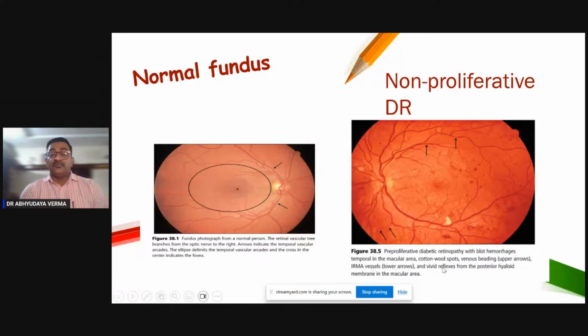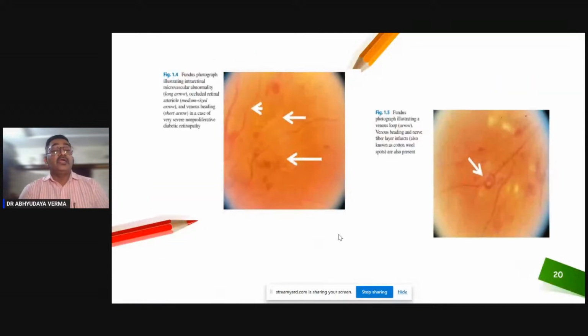So you can see here a very clear, nice photograph of most of the NPDR problems. And here these are the intraretinal microvascular abnormalities on the left side, and on the right side you can see venous loops also with nerve fiber layer infarcts known as cotton wool spots.